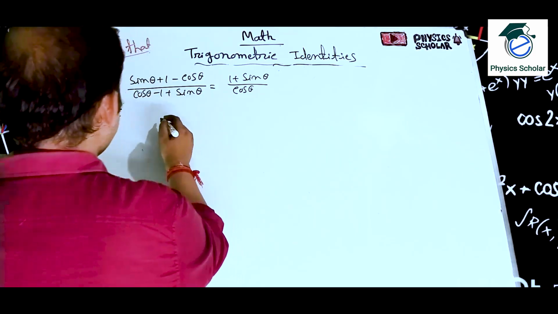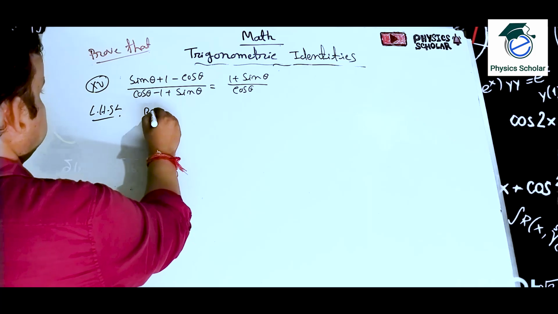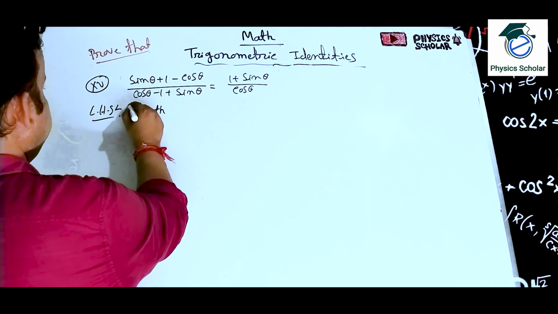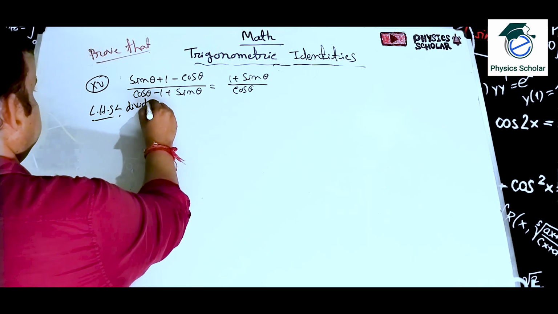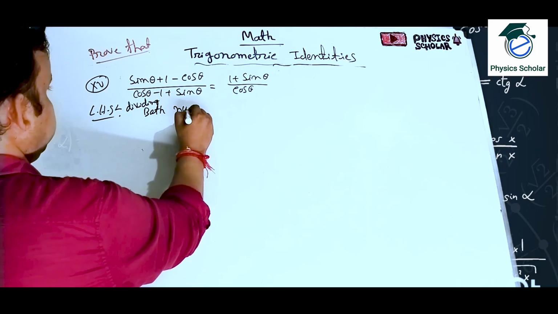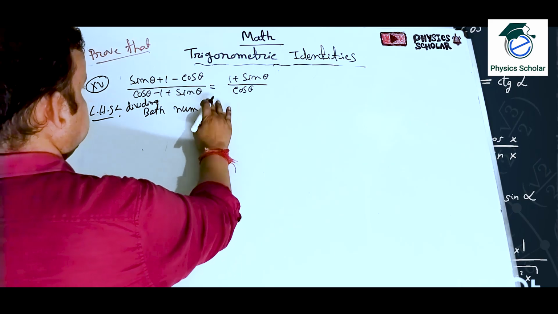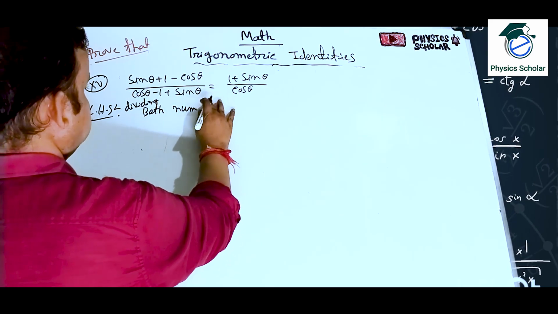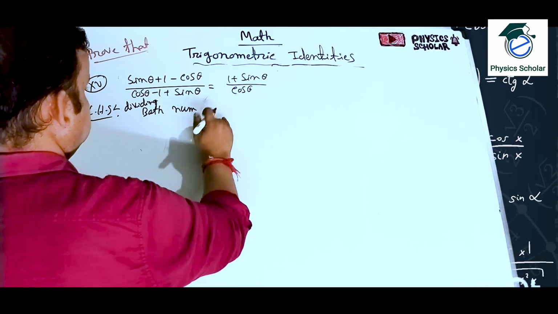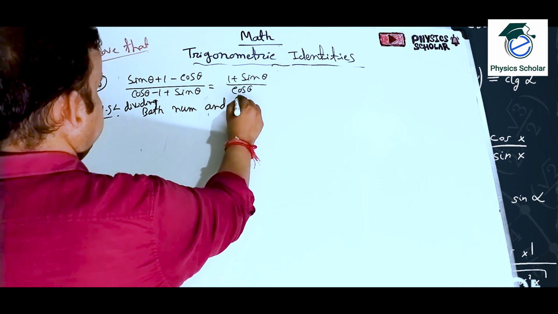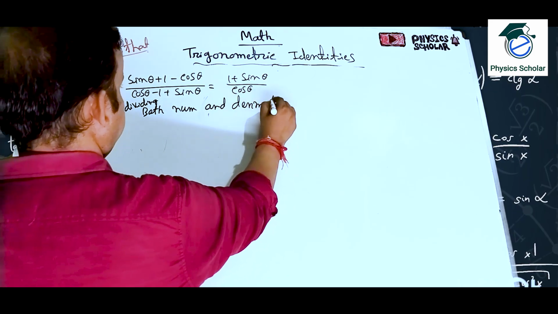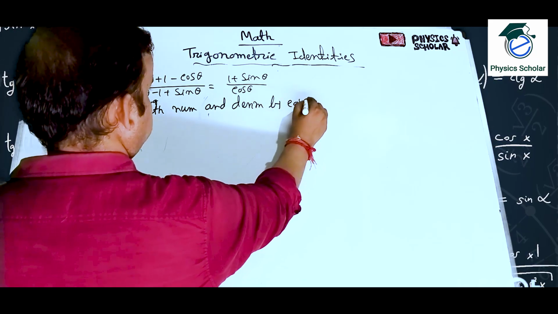So we have to divide both numerator and denominator by cos theta, clear.